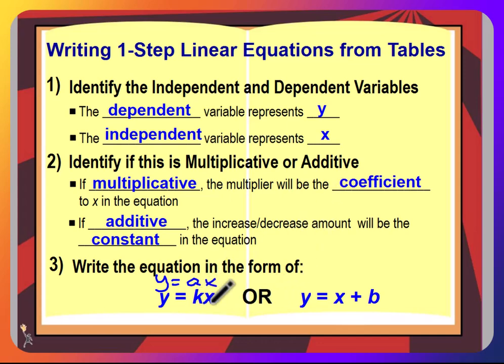And that's for the multiplicative. Then the second one is y equals x plus b, or sometimes you'll see it as y equals x plus a. Okay, so we're going to take data from tables and put them in these two equation formats.